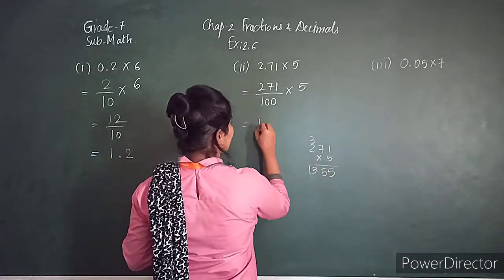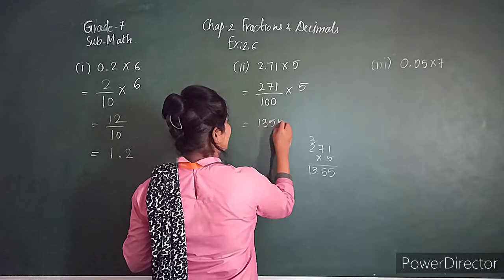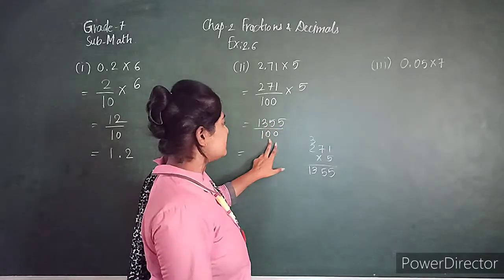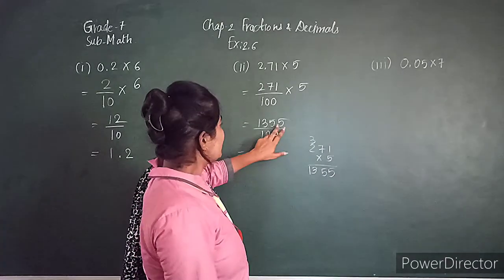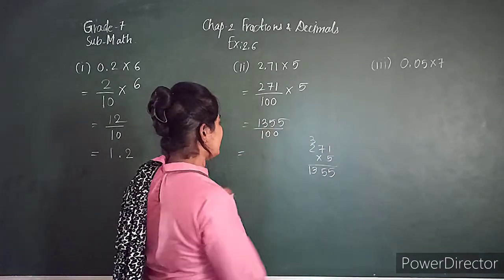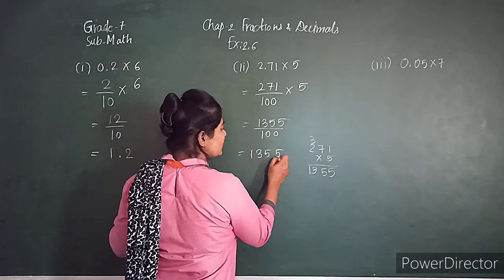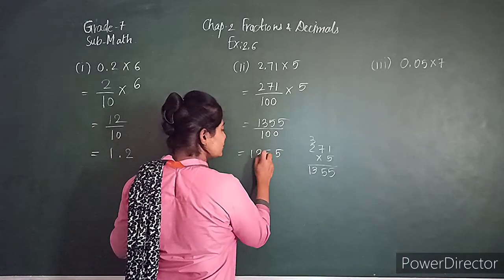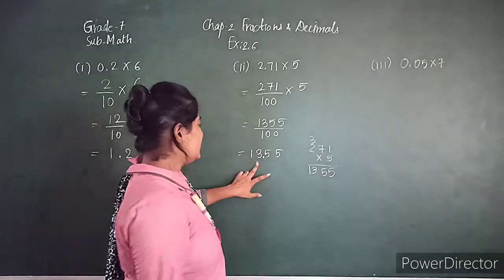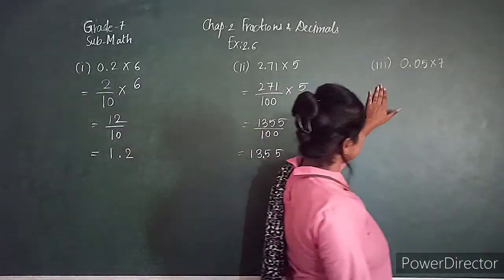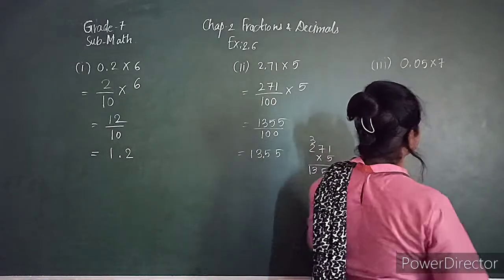So it is 1355 upon 100. In 100 two zeros are there, so we have to put the point before two numbers, counting from the backward side. So it is 13.55.